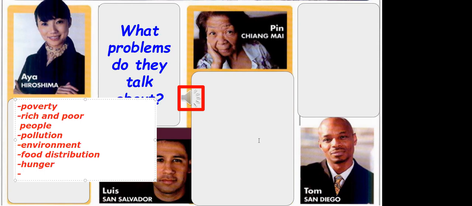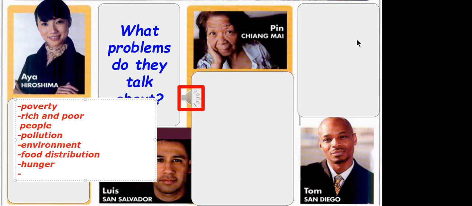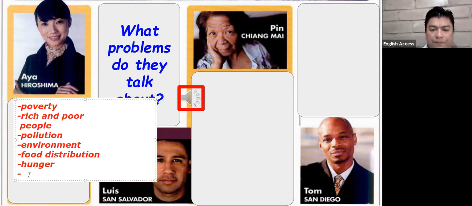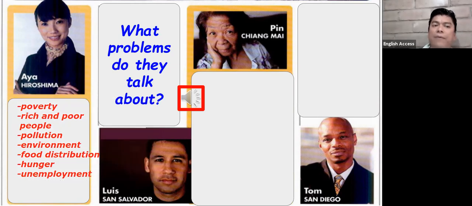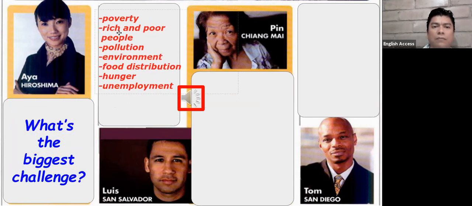And what about the last guy, Tom? Unemployment. All right, now the next question is, what's the biggest challenge?